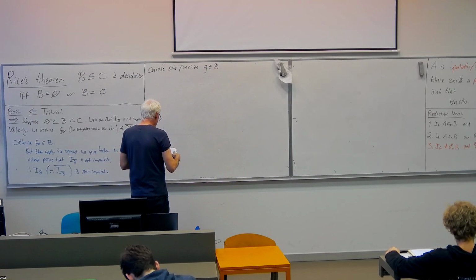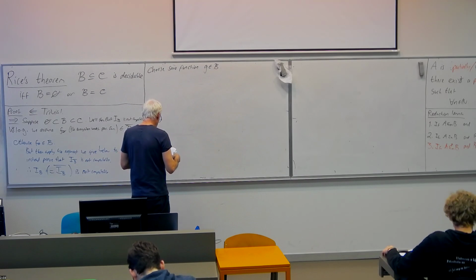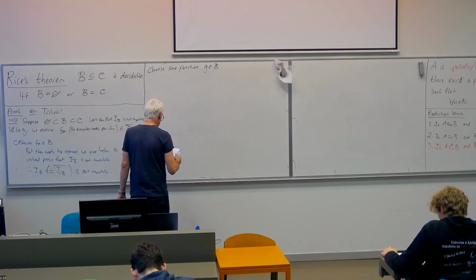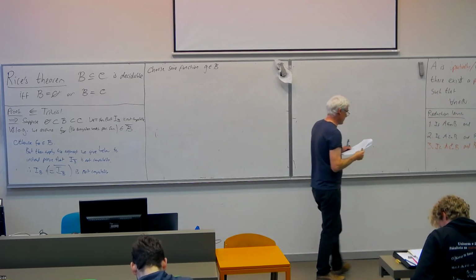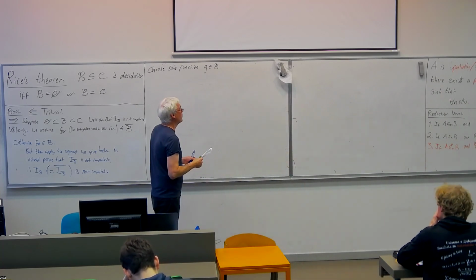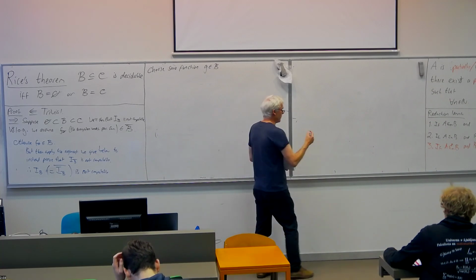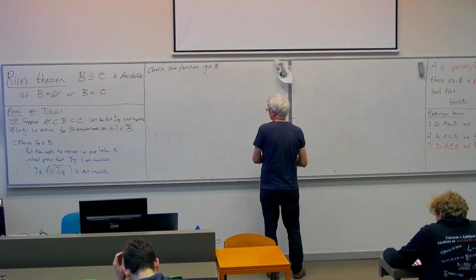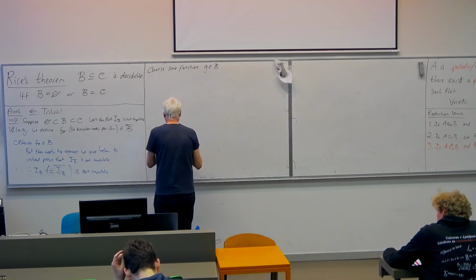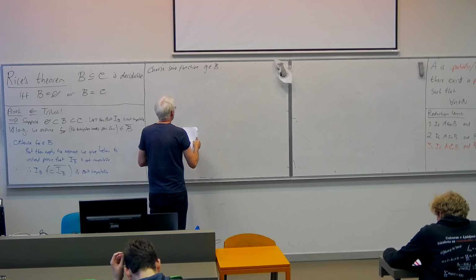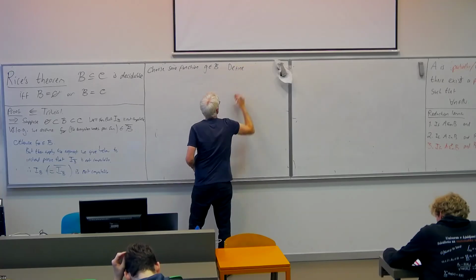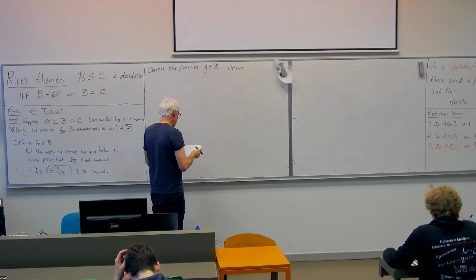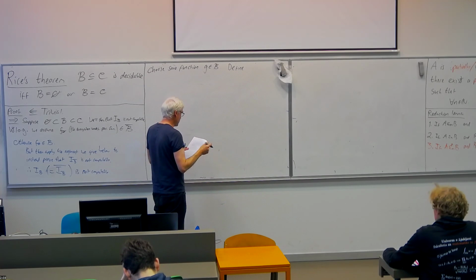What we're going to do now is use G to define a total many-one reduction from the index set of B to the halting set K from last week.